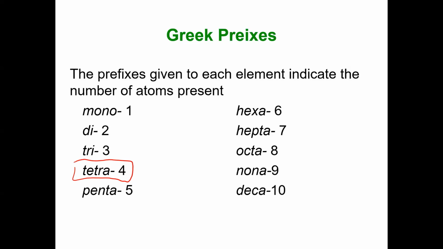After that, everything makes sense. Penta, you could think of the pentagon. Hexa, hexagon. Hepta, octa, like octopus, nona, deca, like decade. So these prefixes you're already familiar with. These are the ones I want you to know.